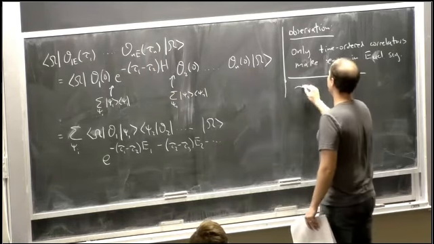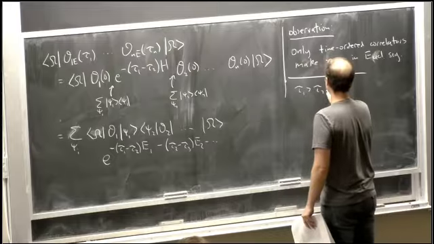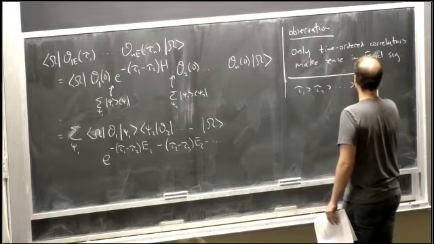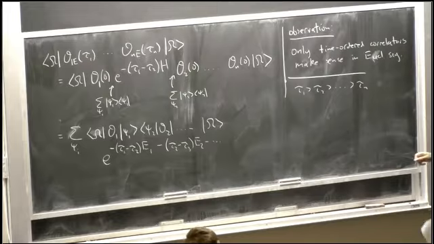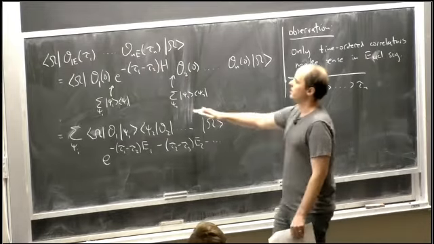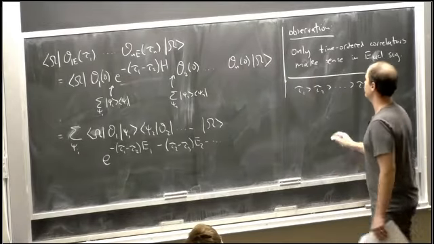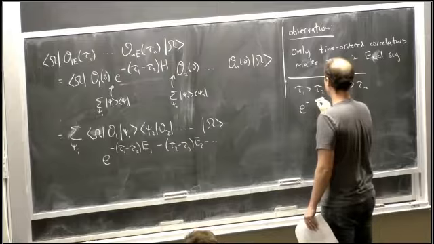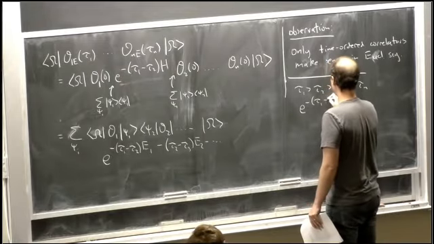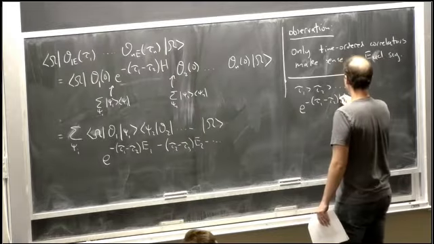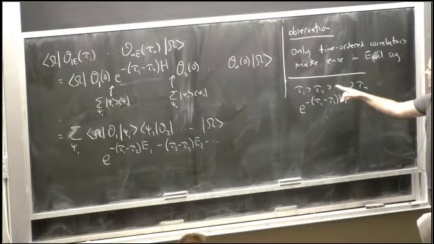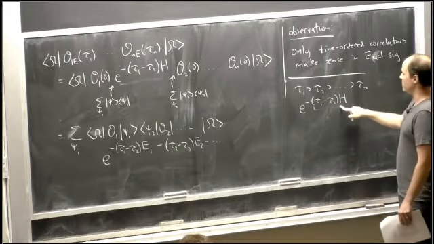So we're going to consider the case where tau 1 is bigger than tau 2, and so on up to tau n. The nice thing about the time-ordered configuration is that these Euclidean time evolution operators are well behaved. So we have something like e to the minus (tau 1 minus tau 2) times H. And if the times are in this order, then this factor is positive.